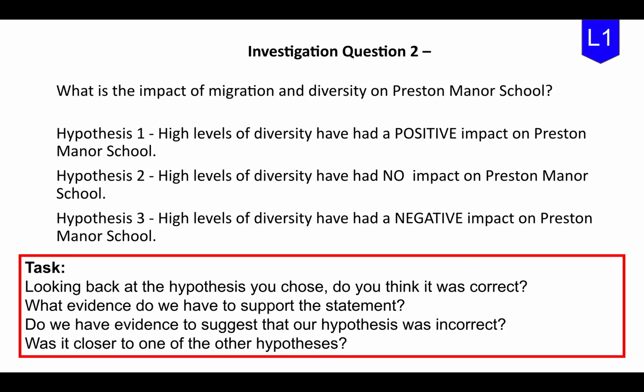We measured it using a questionnaire of students and staff and some parents to see what people felt or thought was the impact of diversity on Preston Manor. And here we could have said either that there was going to be a positive impact, negative impact, or to have no impact whatsoever.